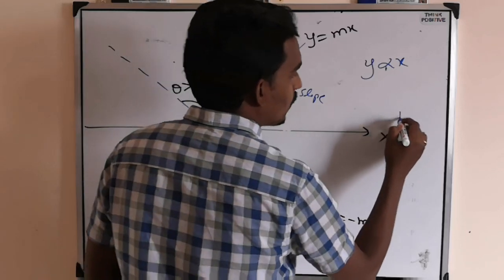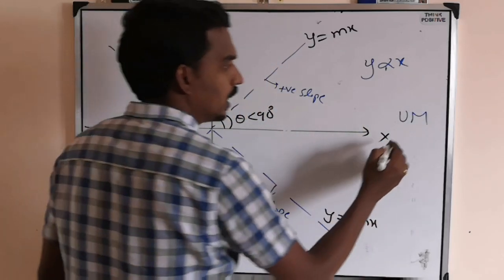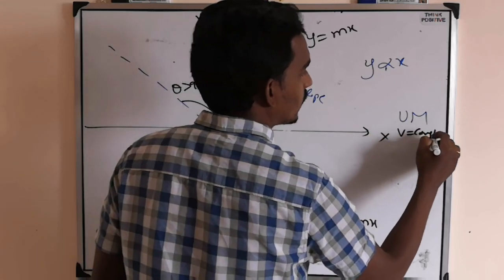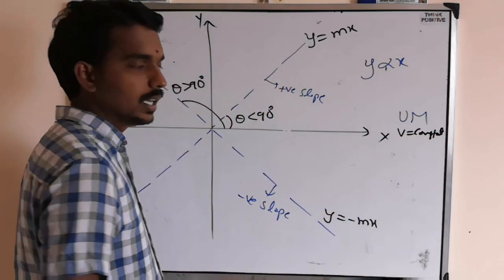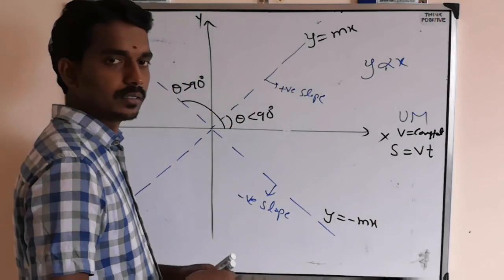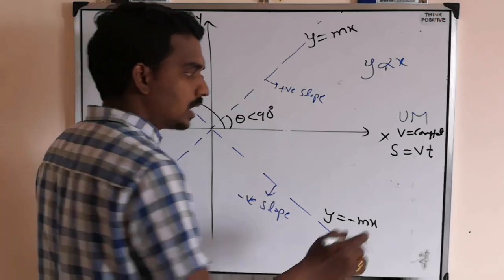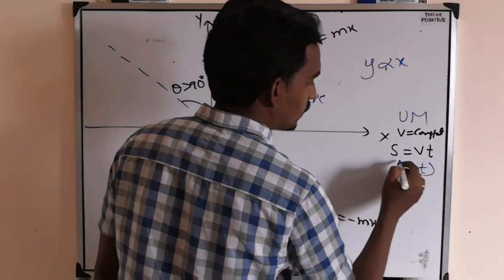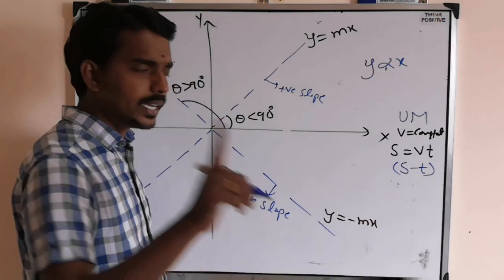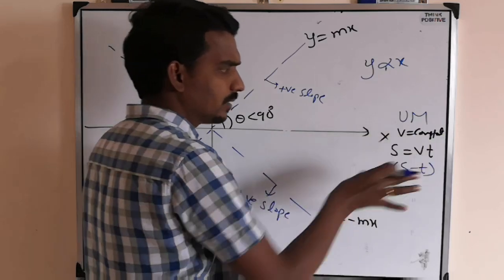Let's take uniform motion. What is uniform motion? Condition is velocity constant. Then displacement formula is velocity into time. Now for uniform motion, when they ask you to draw the ST graph, they will not give this data.